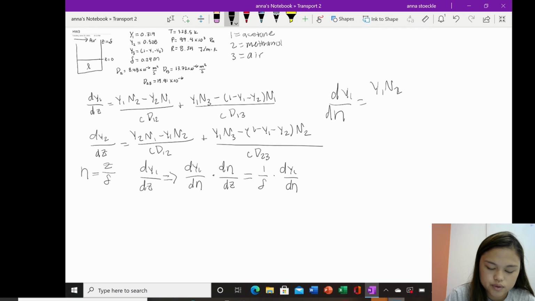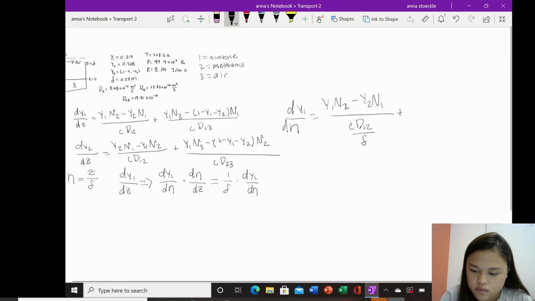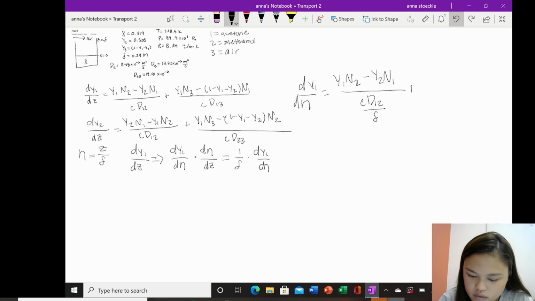So all these other variables are going to stay the same over here. I'm going to need more room. And I'm just going to subtract this because the molar flux for 3, like we talked about earlier for the air, is going to be 0.